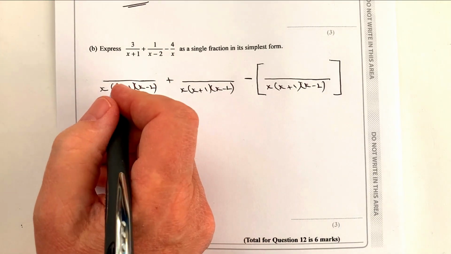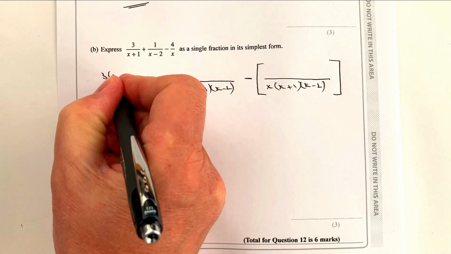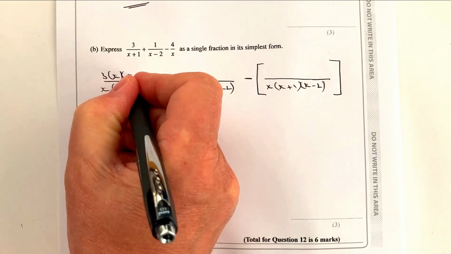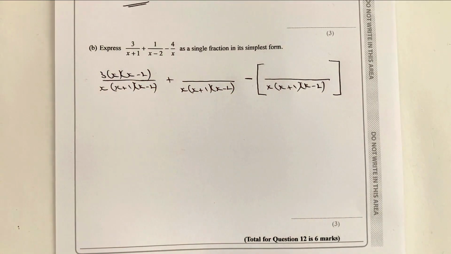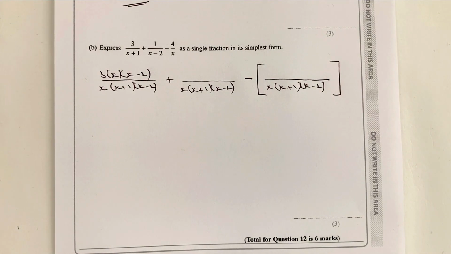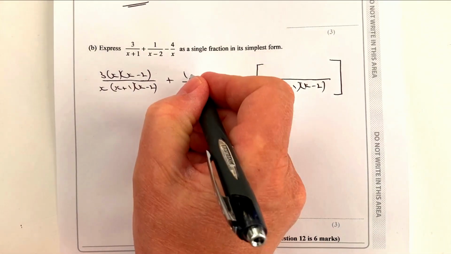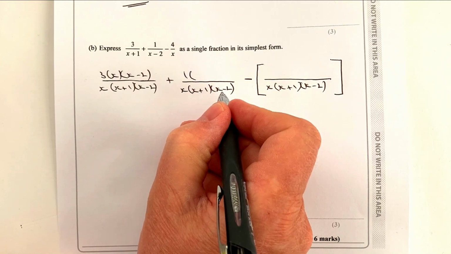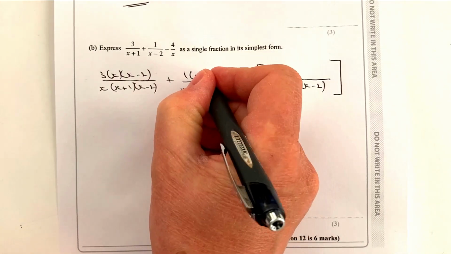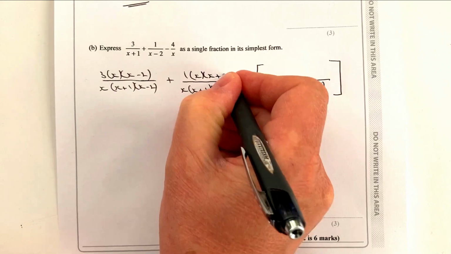So therefore, I'm going to multiply that by 3 times x minus 2. Now, I know there's a lot of brackets floating around, but hopefully it'll be okay. All right, let's have a look at the next fraction along, 1 over x minus 2. Well, that's 1. And I've already got x minus 2, so that's okay. So it's 1 times x multiplied by x plus 1.